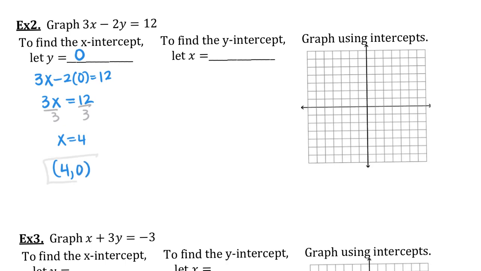That's my x-intercept. Okay, to find the y-intercept, we let the x equal 0. Okay, 3 times 0 is 0. So it goes away. Be careful, make sure you bring down the minus 2y, because the minus and the 2 are attached and they cannot be separated.